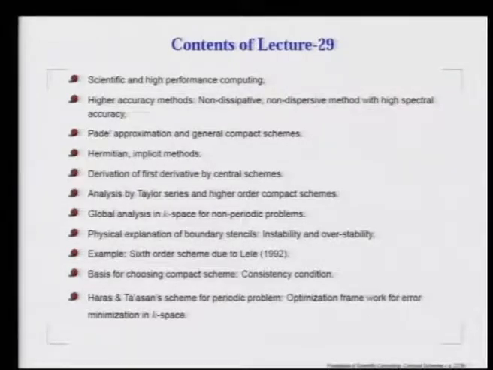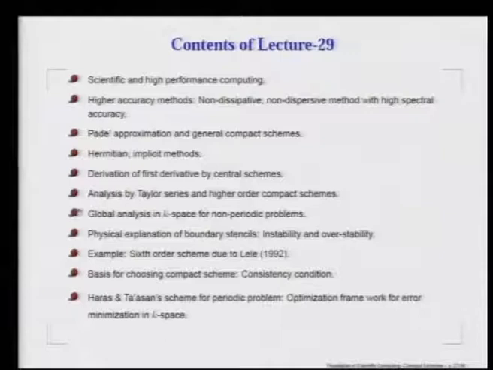The essential idea is to set up implicit relations between the functions and the derivatives, and equating the terms order by order, we can really get very high order compact schemes.